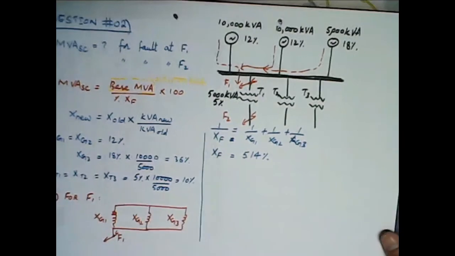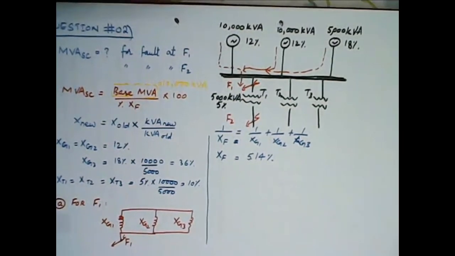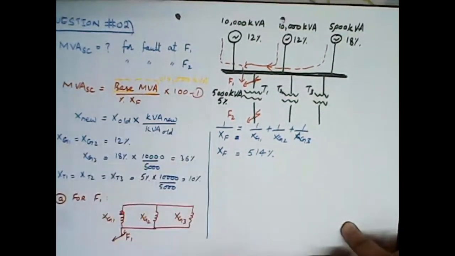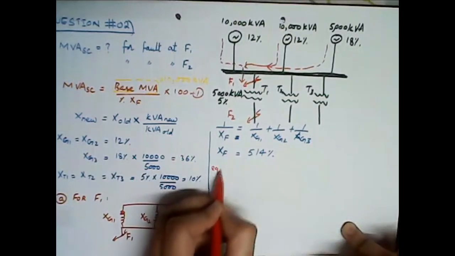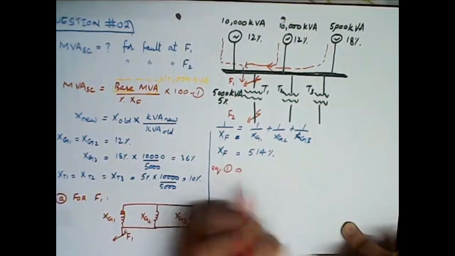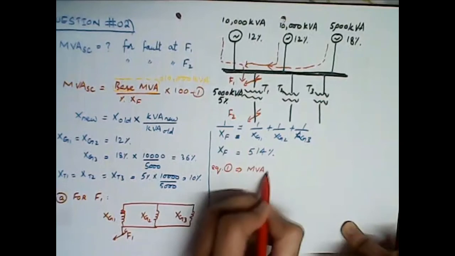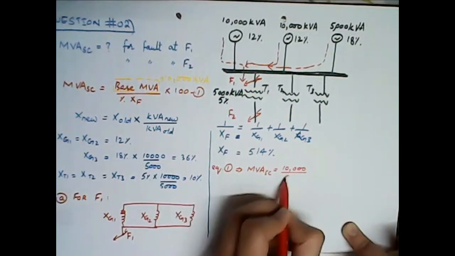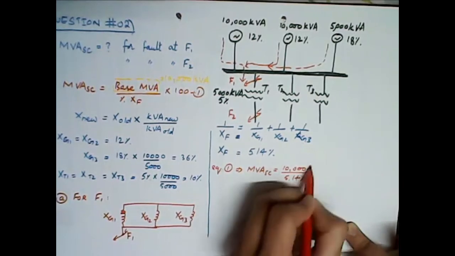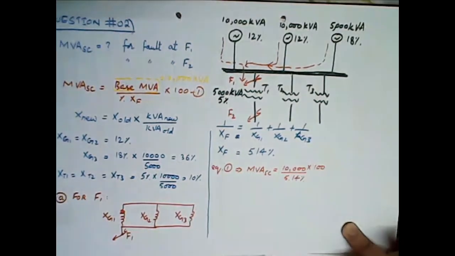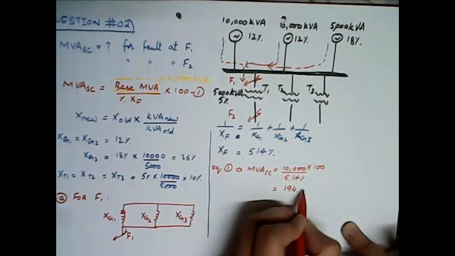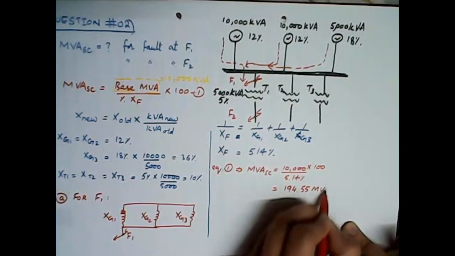Once we know this value of XF, we can put it directly in this formula. Let's name it equation 1. MVASC equals base MVA, which we already know is 10,000, divided by 5.14% times 100. This means that the short circuit power here is 194.55 MVA.